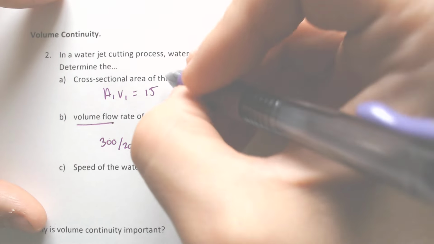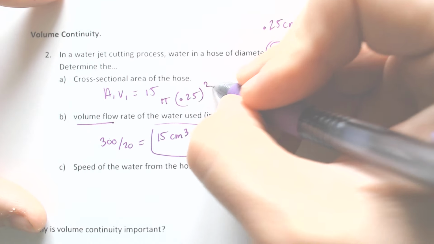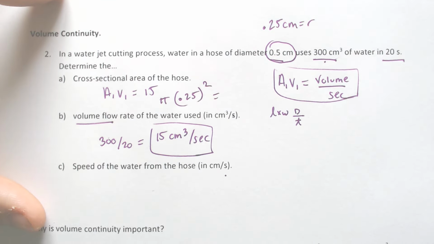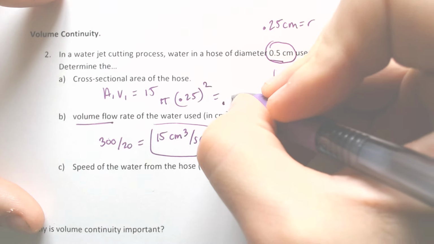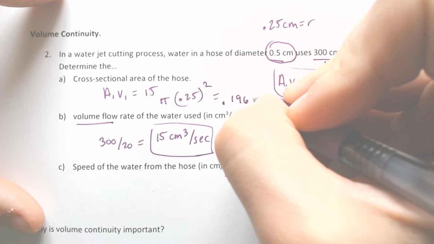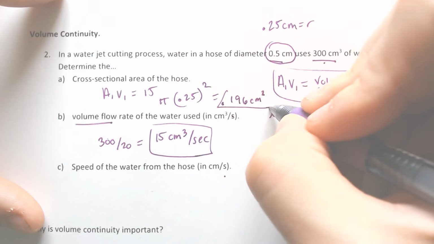This is an easy question. That would just be pi r squared. So pi, I'm using 3.14, times r, 0.25 squared is annoying, 0.196, I'm going to call it, rounding that up, centimeters squared.